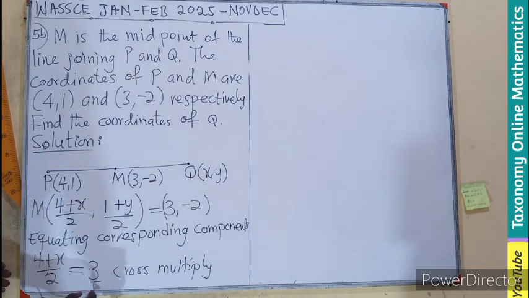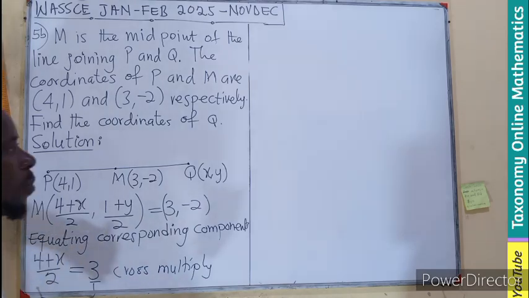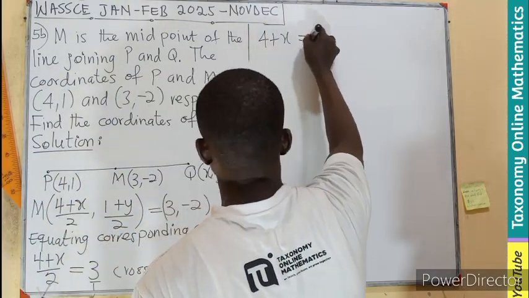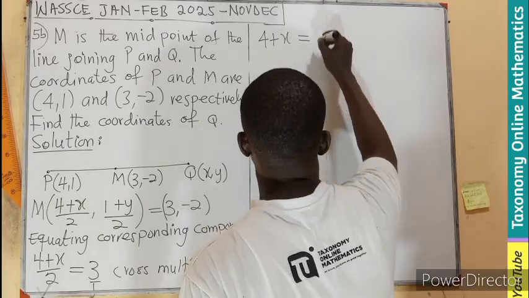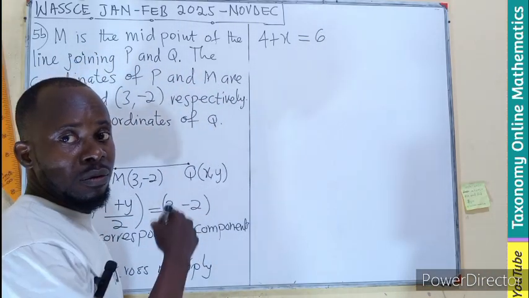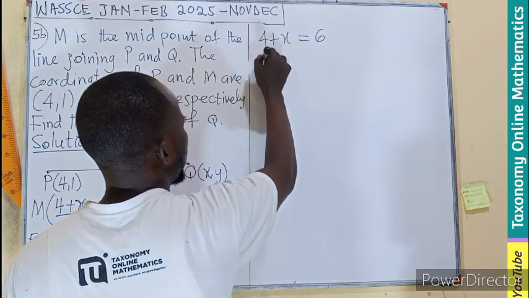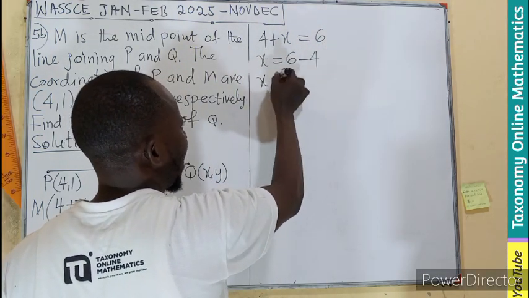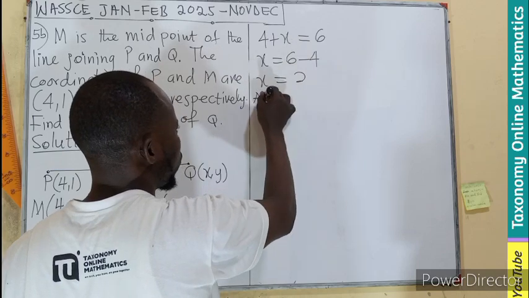When you cross multiply, there is a 1 dividing this, so 4 + X times 1 will remain the same. Then 2 times 3 will give you 6. Let's transpose the 4 from positive to negative. So X will be equal to 6 minus 4, and that will give you 2.